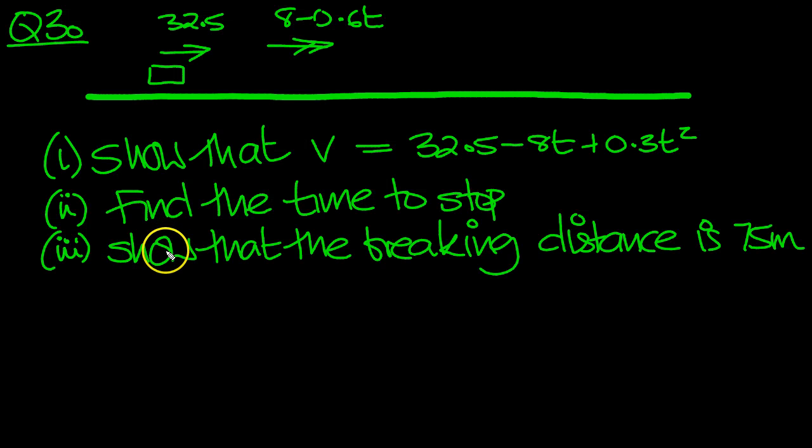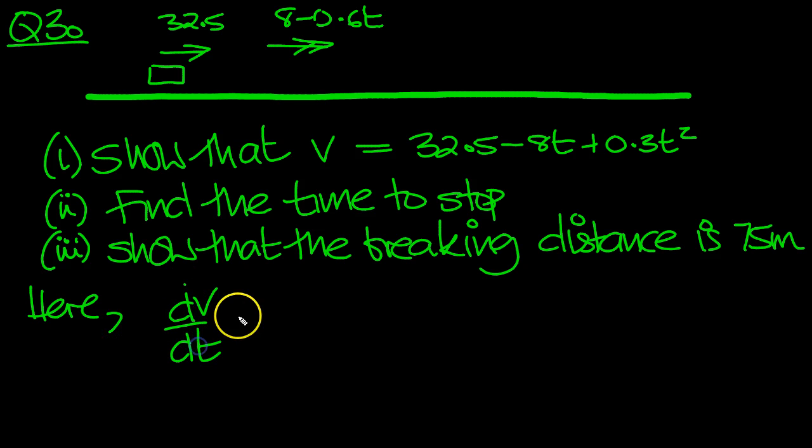So here's the question then. We know the acceleration, which is the rate of change of velocity with respect to time, so dv/dt is equal to minus, because it's decelerating, 8 minus 0.6t.